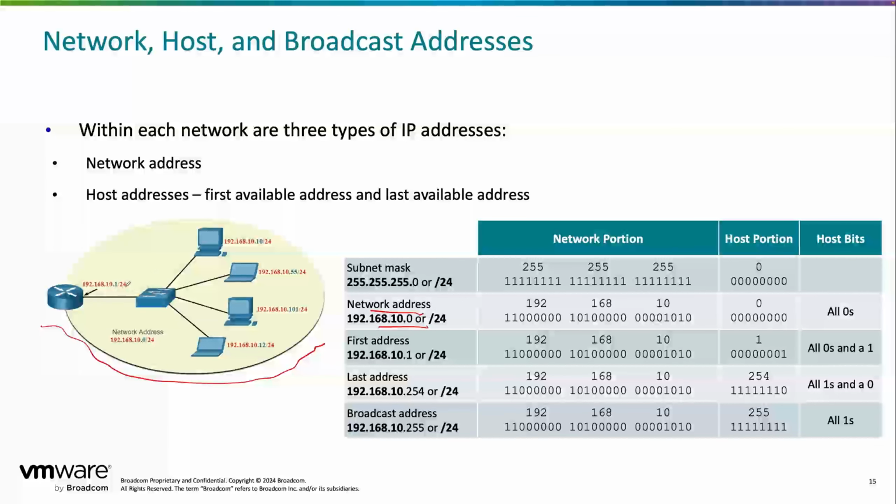For example, here we use /24, which is the simplest one. You can see that we use 192.168.1.0 as the network address, but the first available address will be 192.168.1.1, the last will be 192.168.1.254, and the broadcast will be 192.168.1.255.